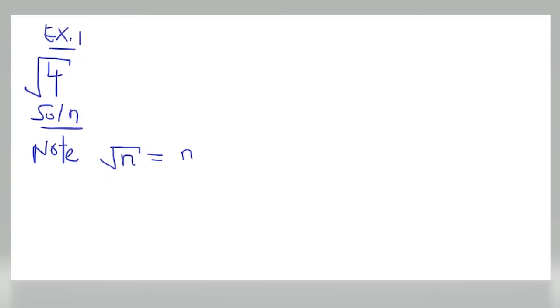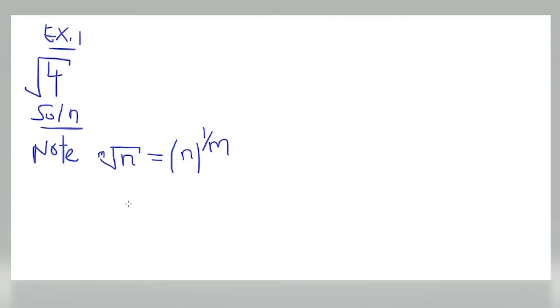Like this one, maybe there is a certain number m. If you are given the radical of a number n with m there, this means it is equal to n to the power 1 over m.